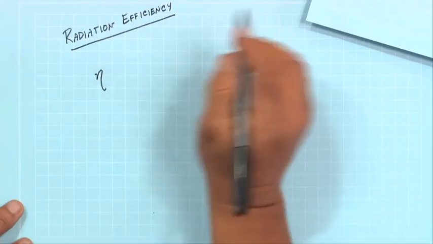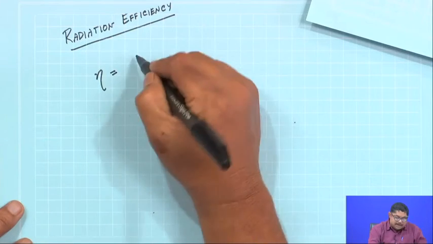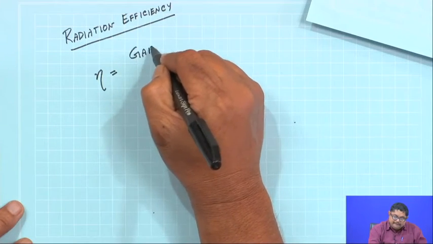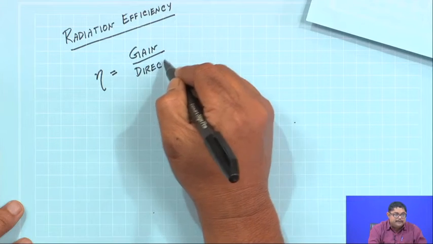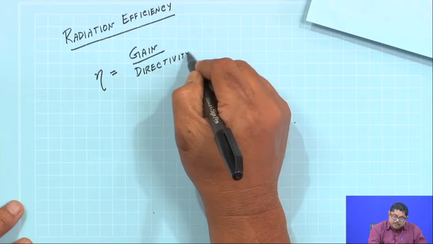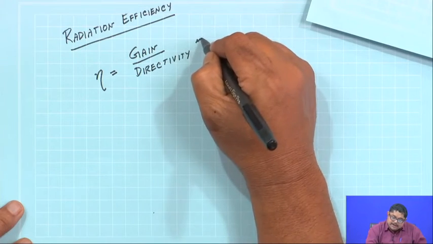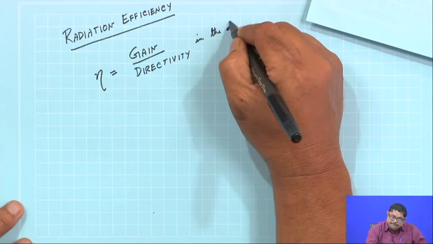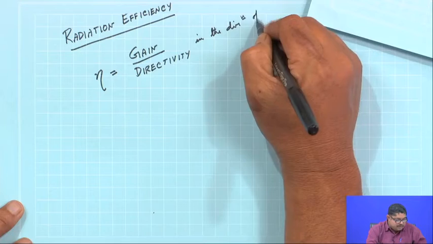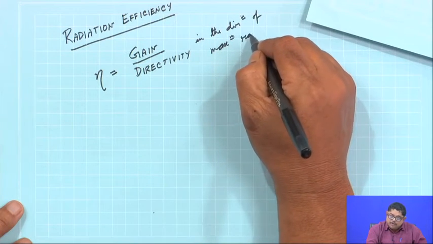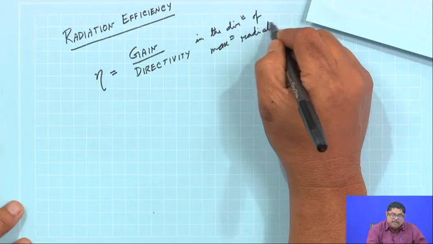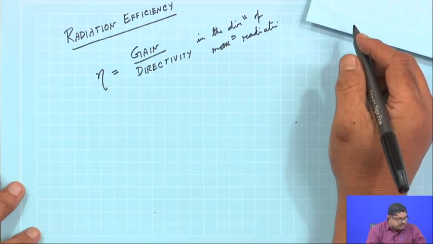We have already defined it. It is nothing but gain by directivity, in the direction of maximum radiation. We know how to measure gain, we know how to measure directivity, so we can find that.